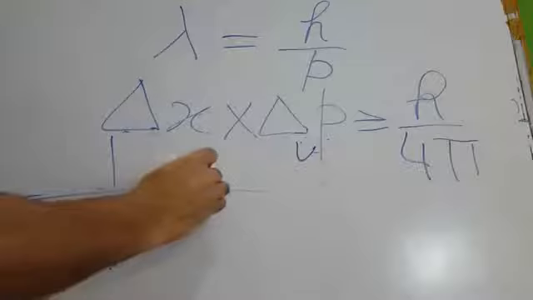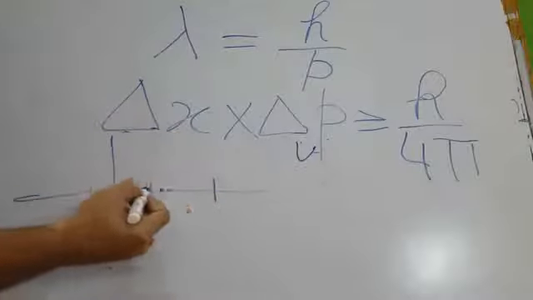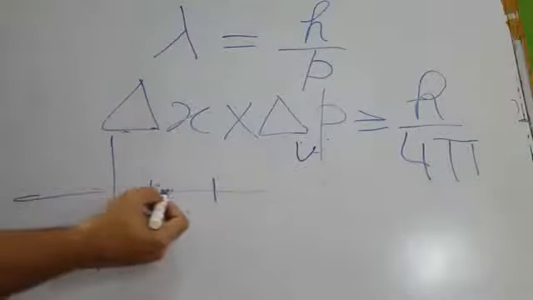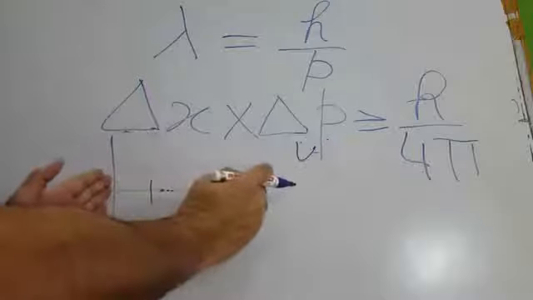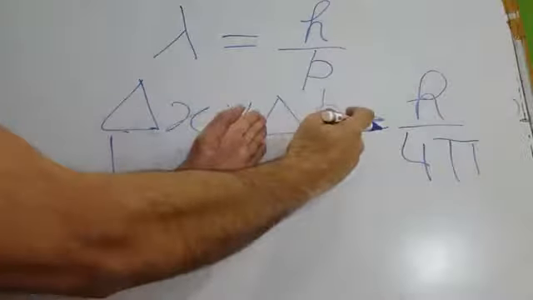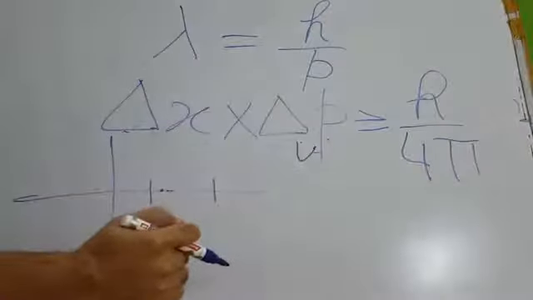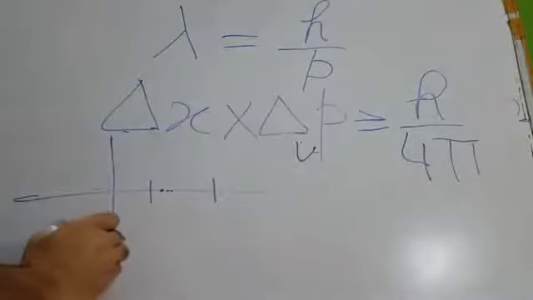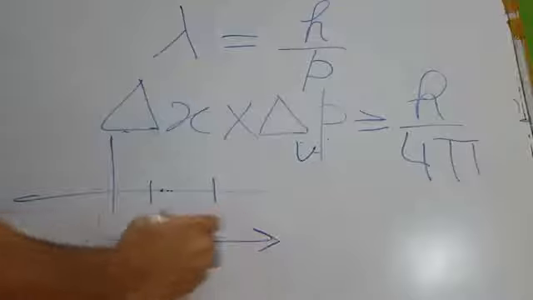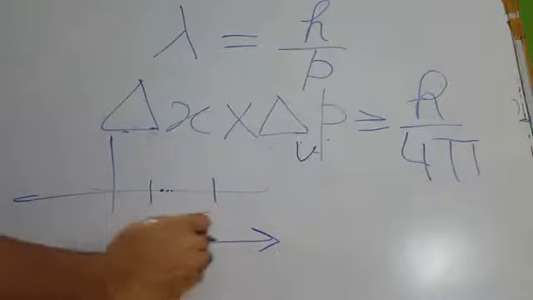Means this range, within that it may lie, goes on expanding as we try to narrow down the uncertainty in the velocity. Suppose this represents velocity.